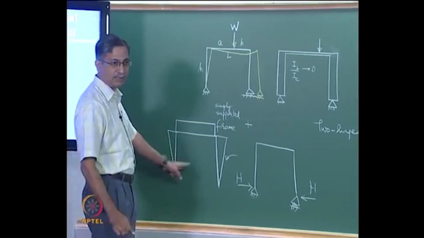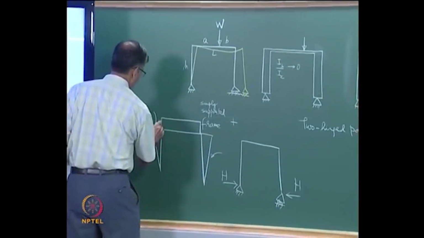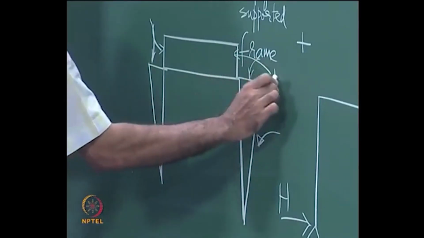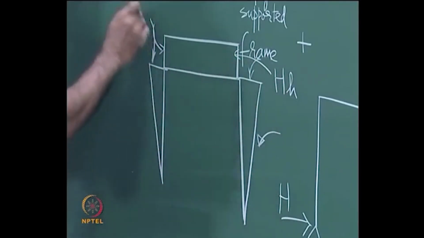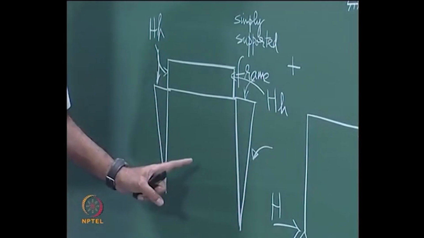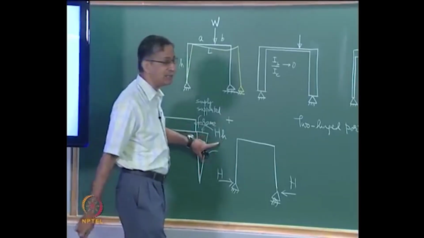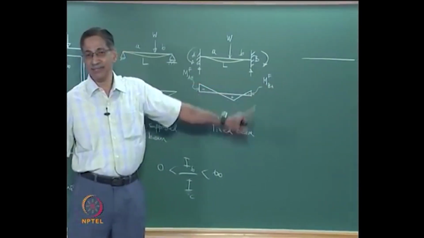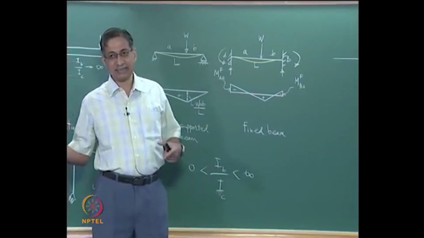This is going to hog, and the moment on this side and this side will be equal to H into h. We will see later that if it is symmetric, this H into h turns out to be an average of these two moments. It is very interesting, it will kind of average out, but that is the other extreme.